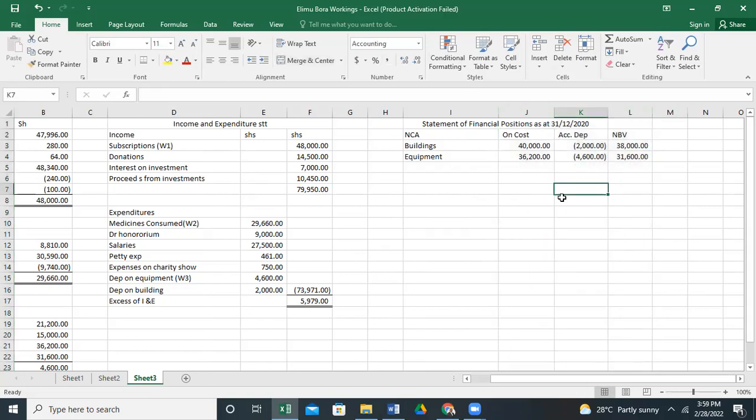After we get that, the next item here is what we call the intangible. Intangible assets are things like investment, goodwill, lease, etc. And intangible assets are not depreciated. What we normally do is to amortize. Things like goodwill are amortized, lease is amortized.